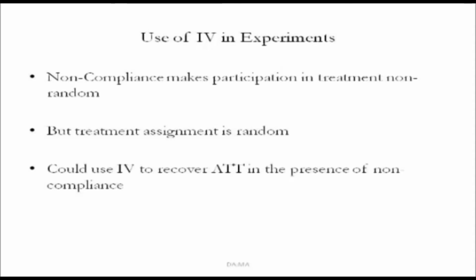When you have non-compliance in an experiment, instrumental variables can help you retrieve the true causal parameter, the average treatment on the treated. Non-compliance makes participation in treatment non-random, and this is where the usefulness of IV comes in.